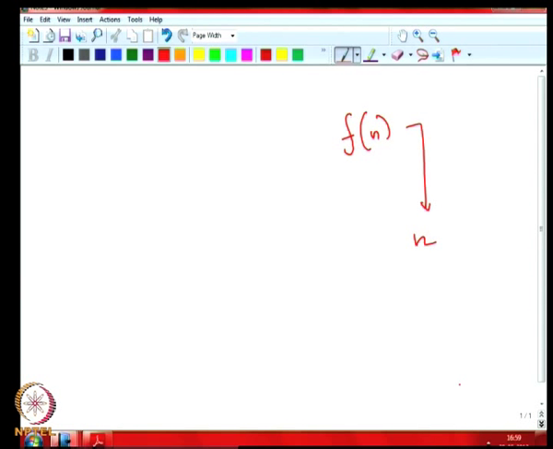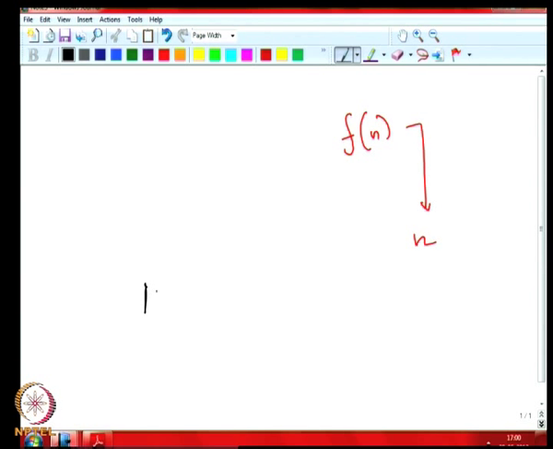Therefore, the solutions corresponding to n can come as a sequence of numbers. From whatever you have studied, even in your 12th standard you have studied sequences. One of the more popular sequences you have seen is one where there is a common difference.